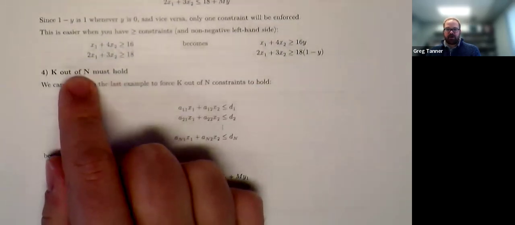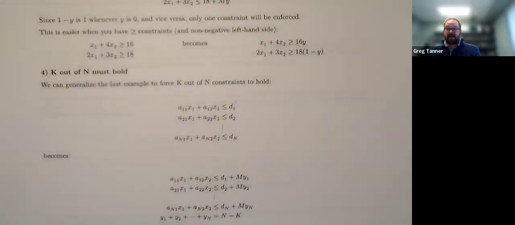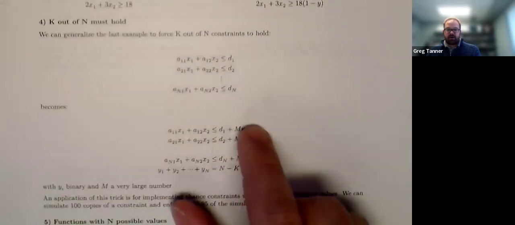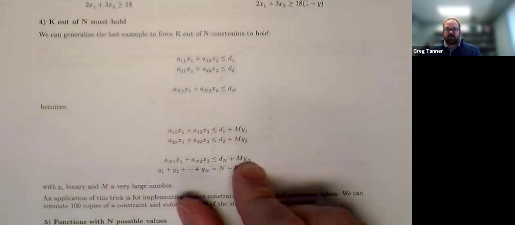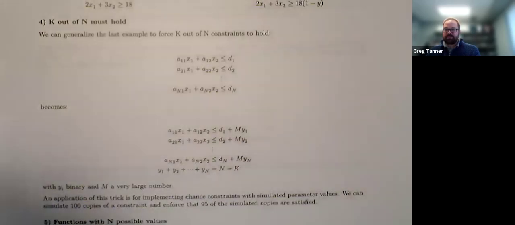And so if you've got n different constraints and you don't need all of them to be satisfied, but you only need maybe like 9 out of 10 constraints to be satisfied, then you do the same trick. This time you create separate binary variables for each constraint. Here I'm creating n y variables, and we're adding big M times that y variable to each of those constraints.